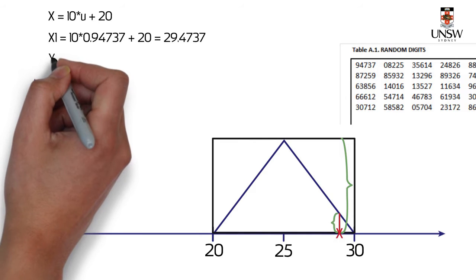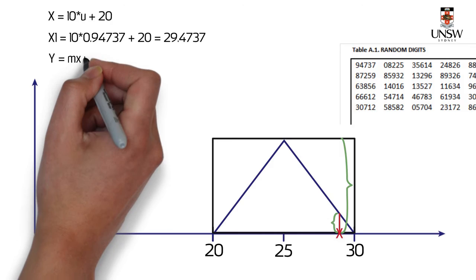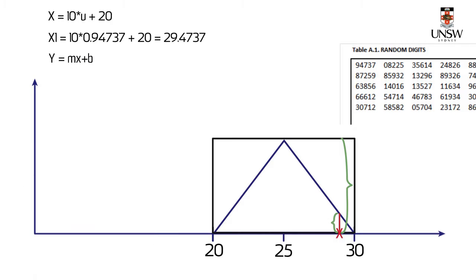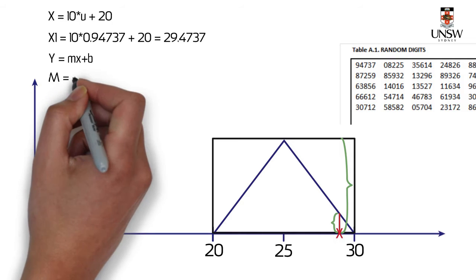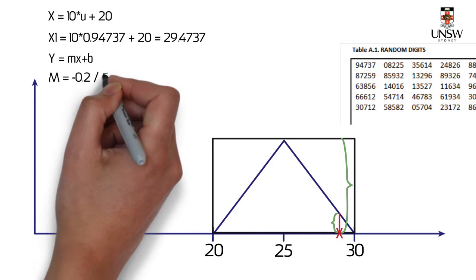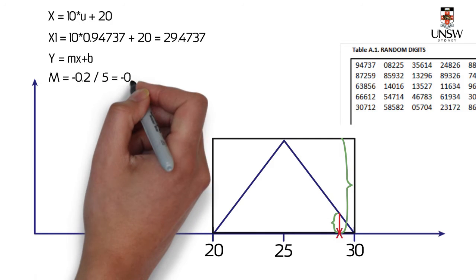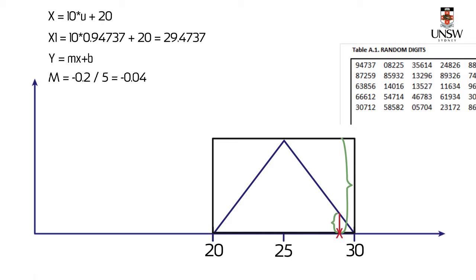Once again, the equation of the line is y equals mx plus b. The slope m is delta y divided by delta x. Delta y is 0.2. x goes from 25 to 30, so delta x is negative 5. So m is equal to 0.2 divided by negative 5, which equals negative 0.04. y equals mx plus b, and we know that the point 30, 0 lies on the line.